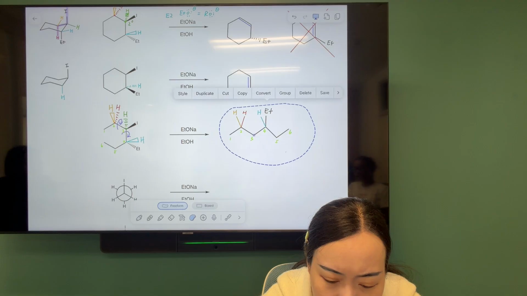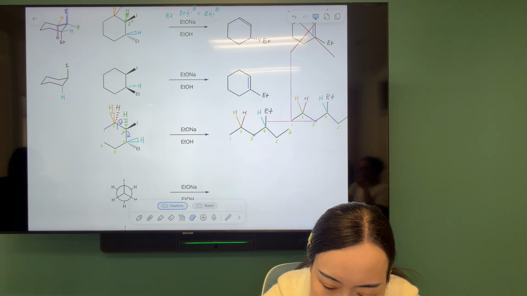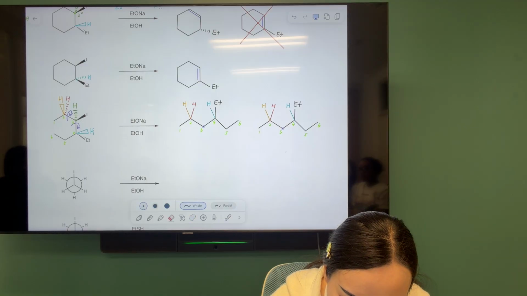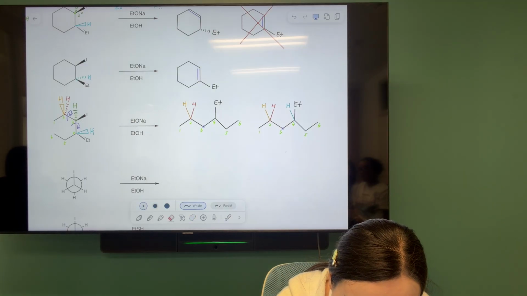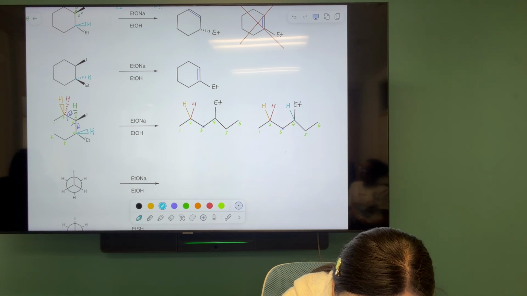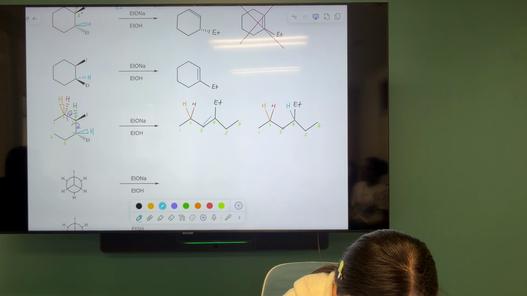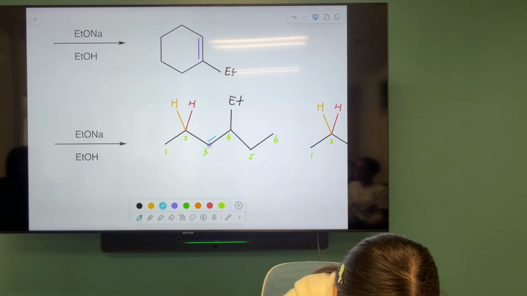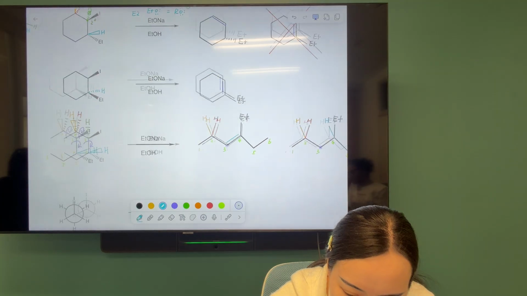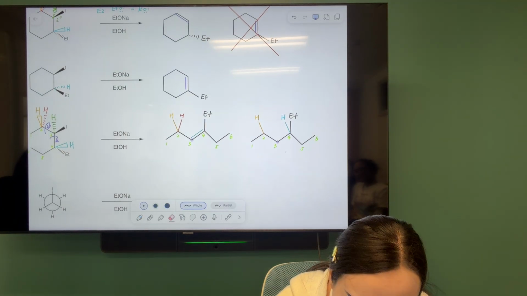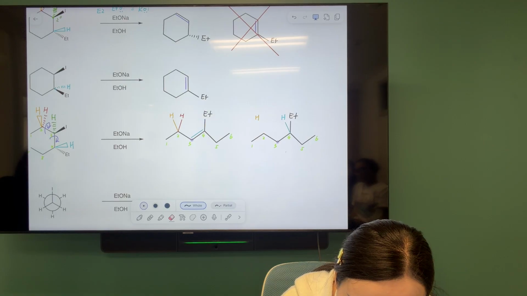Now I'm going to duplicate this. One more. If I remove the hydrogen that is in 3, 4, or I'm removing one of those, it really doesn't matter now.